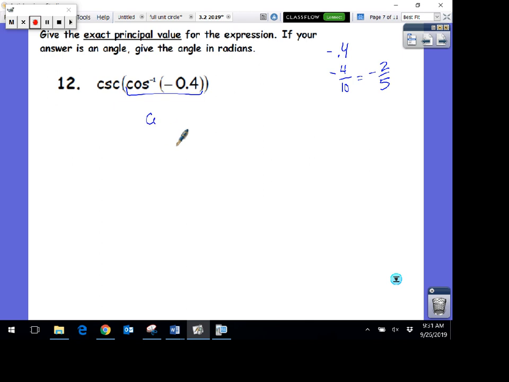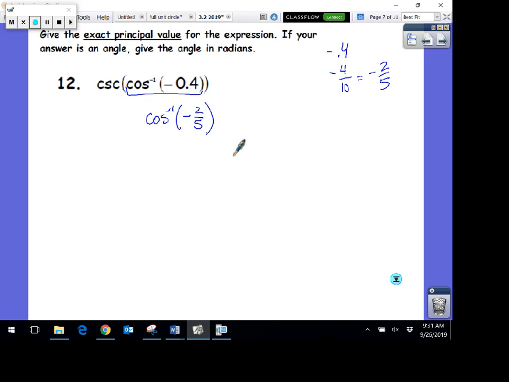So the inverse cosine of negative 2 over 5. Now, look at that to start with. Is that even possible? Is the adjacent over hypotenuse possible? It is. Adjacent is negative 2, because the hypotenuse can never be negative, and the hypotenuse is 5. That's a possibility.